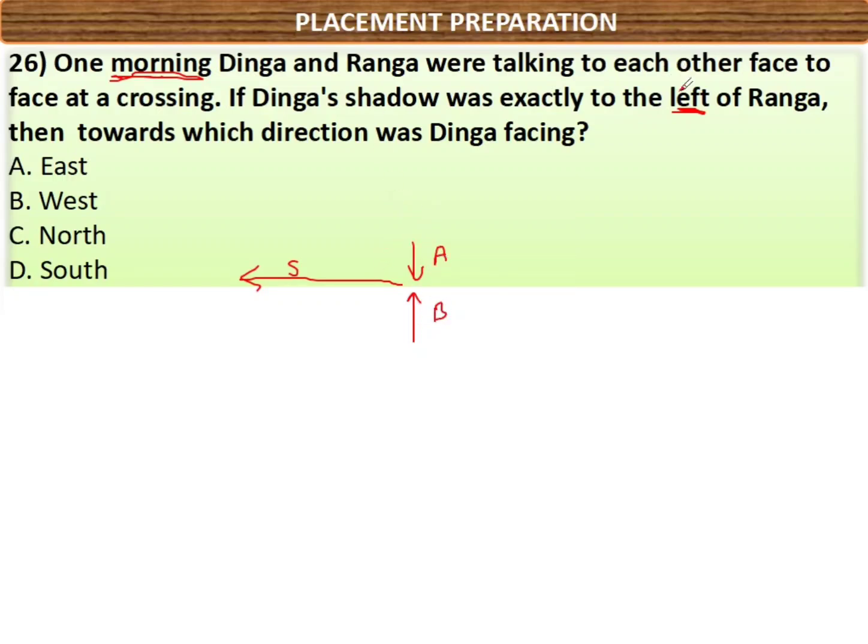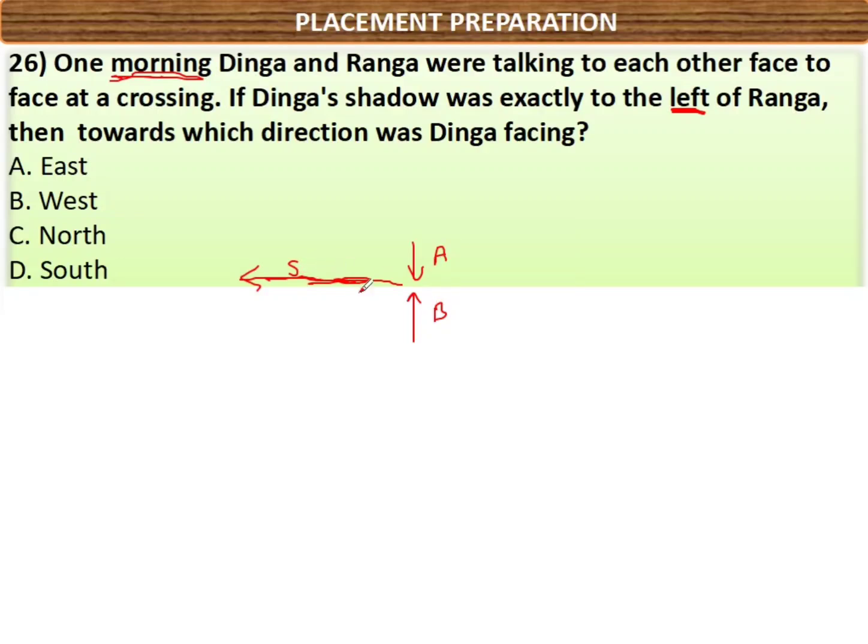The next data you need is left or right. We know this is the shadow. This shadow is, they are telling, left of Ranga, left of someone. Ranga, Dinga we'll see later. Now tell me, this shadow is left of A or left of B? Look at this diagram and tell me.